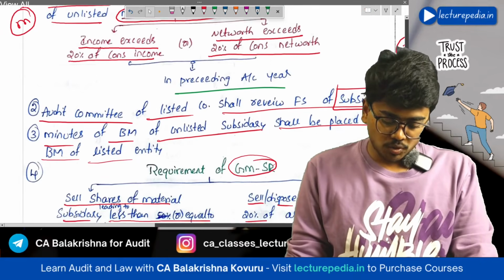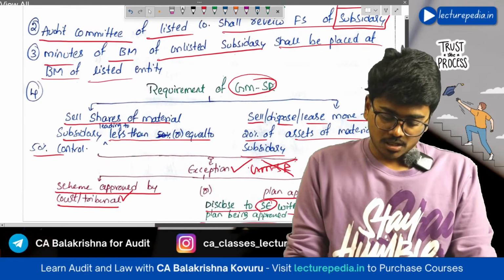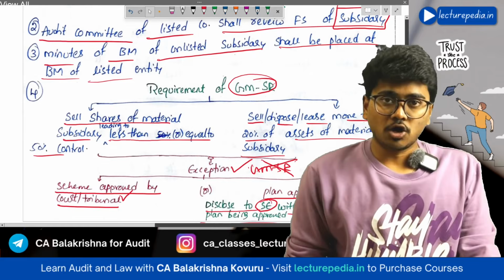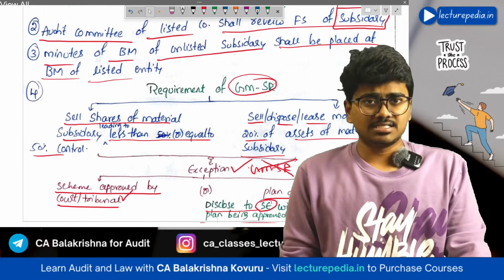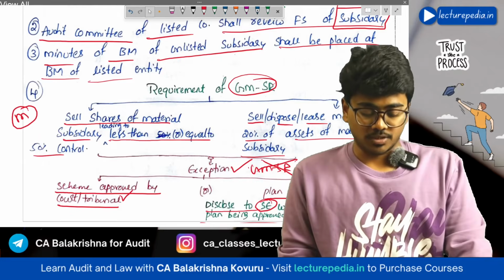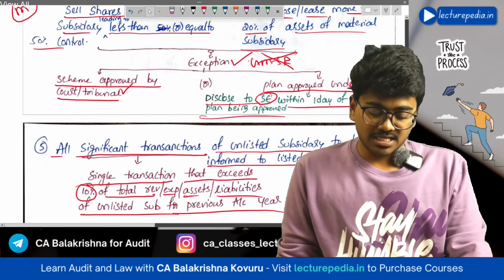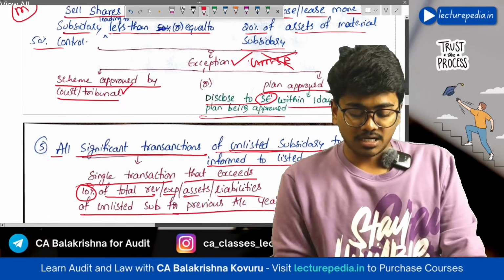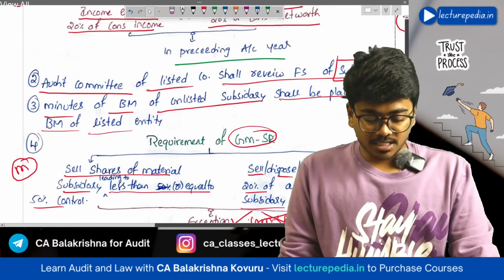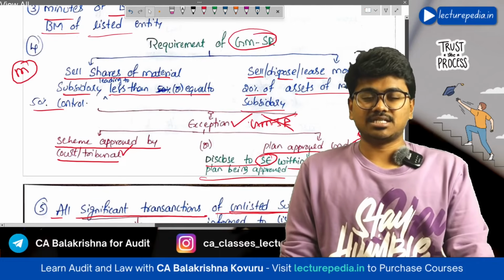Requirements 2 and 3 are applicable to all unlisted subsidiaries. Requirement 4 is again applicable to material subsidiary only. And requirement 5 is again applicable to all unlisted subsidiaries. So you need to remember that requirements number 1 and 4 are applicable only to material subsidiaries.